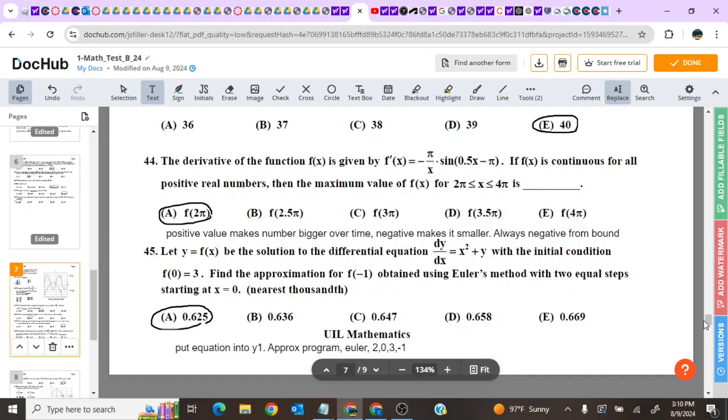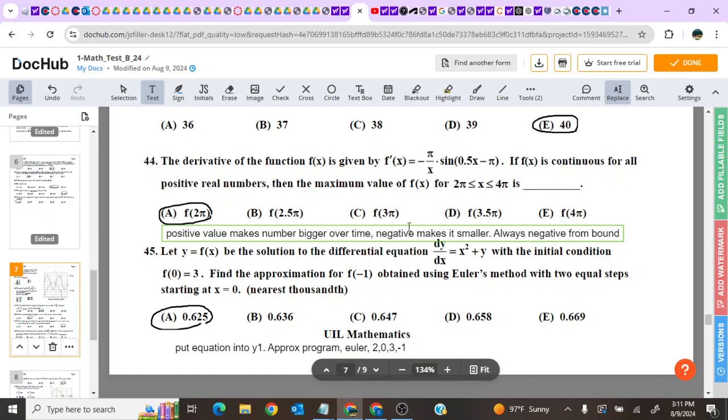44, the derivative of the function f of x is defined by f prime is equal to this thing right here. If f of x is continuous, then the maximum value of f of x from 2 pi to 4 pi is what? Well, to go from the derivative, or f prime, to f, you have to take the integral of your function. In other words, positive values of f prime make it bigger over time, while the negative values make it smaller.